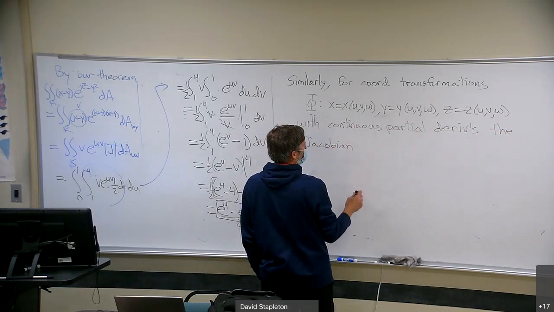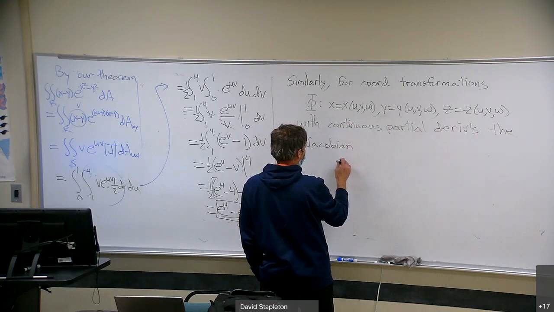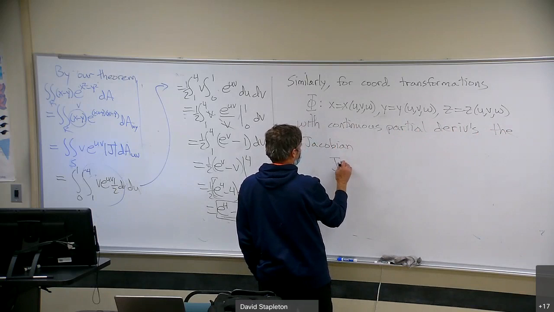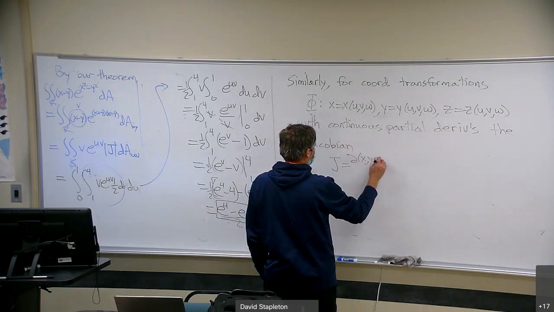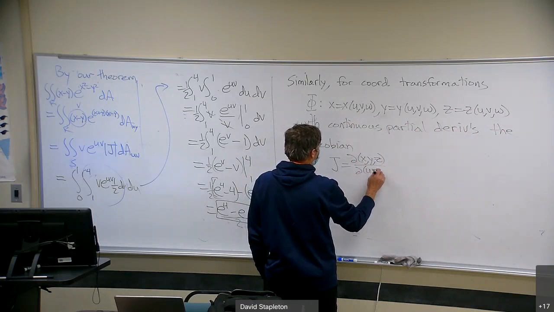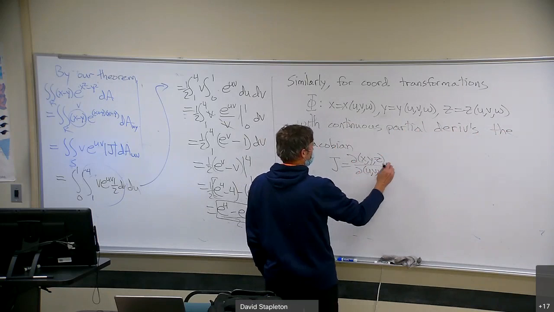is a 3x3 determinant. Maybe some of you have seen this before, which we can write J again to save writing, or we can write more suggestively as ∂(x,y,z)/∂(u,v,w), like that.